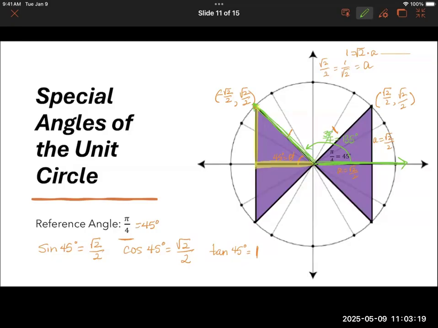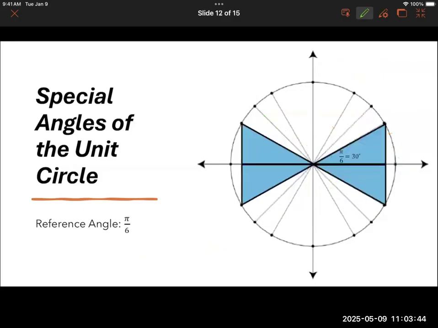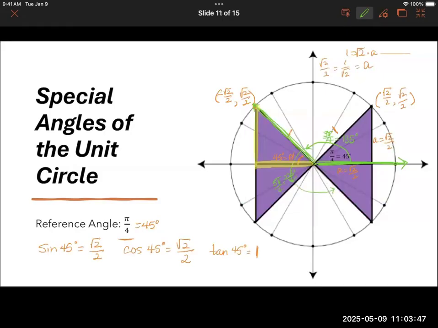And then if I continue rotating, I would rotate down to here, which would be an angle of 5 pi over 4, which would equal 225 degrees. And if I continued over to this side, then we would be looking at 7 pi over 4, which is equal to 315 degrees.